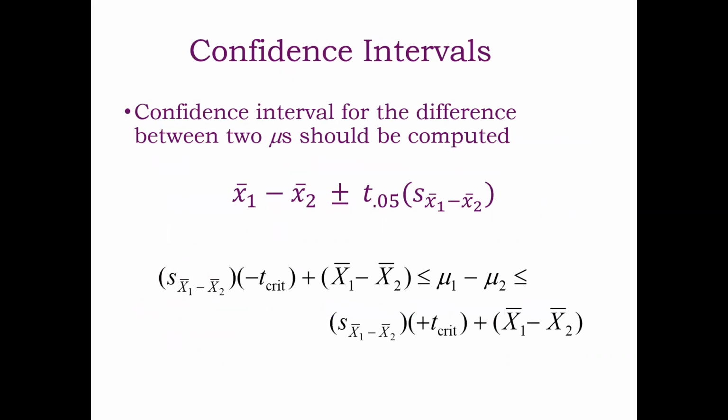To construct a confidence interval, which we are not going to do for this class, okay? We just use the difference between the means, because it's a confidence interval, 95% confidence, for example. If our alpha level is 0.05, that corresponds to a 95% confidence interval, plus or minus that critical value of t, okay, times the standard error of the difference between the means. All right, which translates into this.